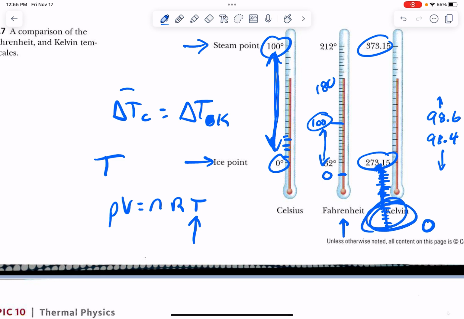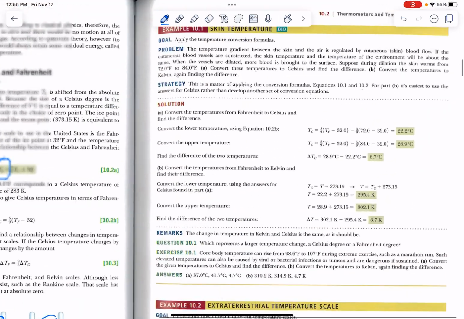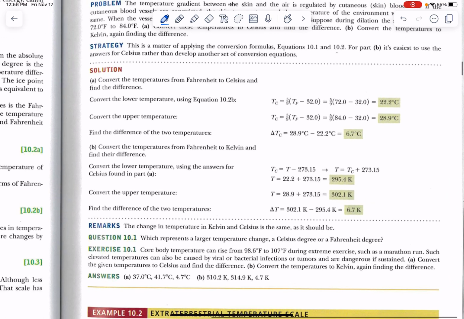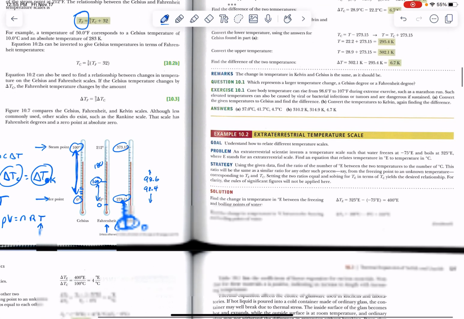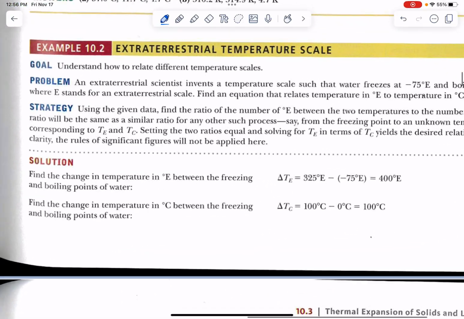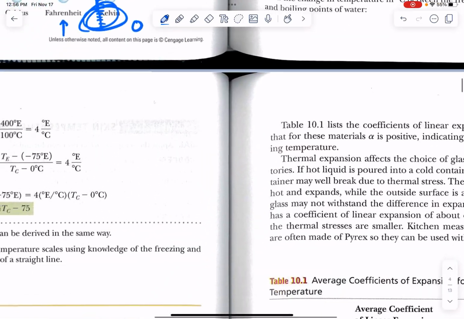But if you have delta T in the equation, and in a little bit we're going to get Q equals mc delta T, it doesn't matter whether you use Celsius or Kelvin. And here's some practice for converting from Celsius to Fahrenheit or back again, and that is very pedestrian for you all.